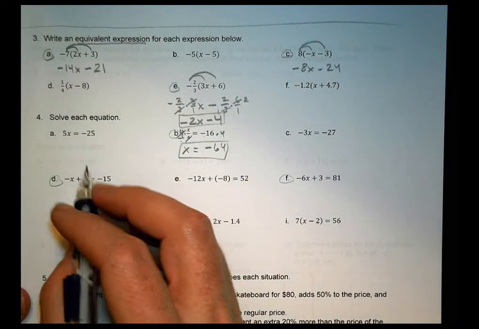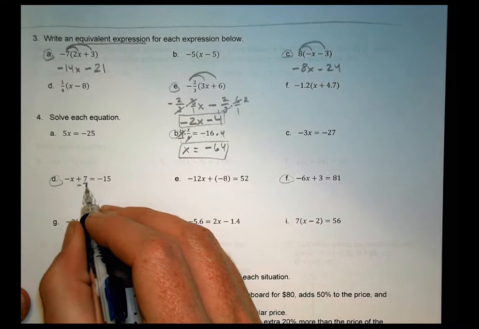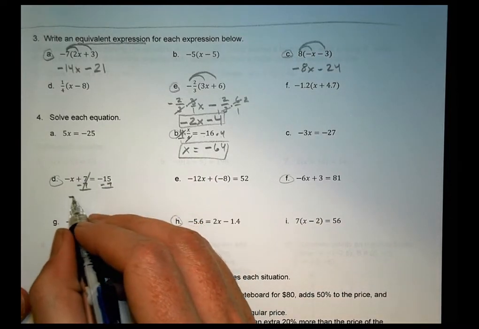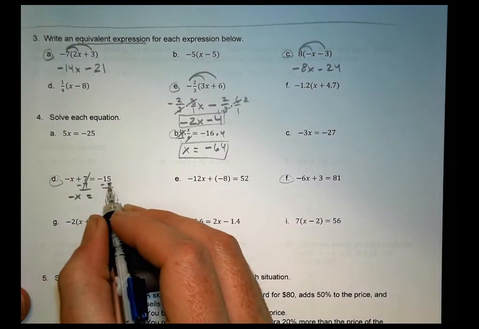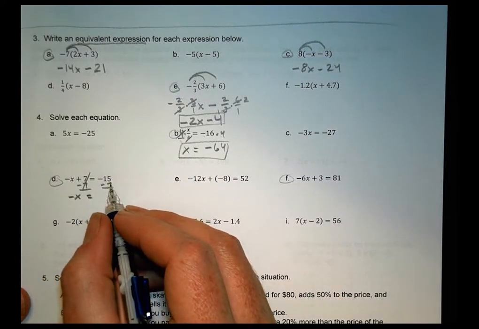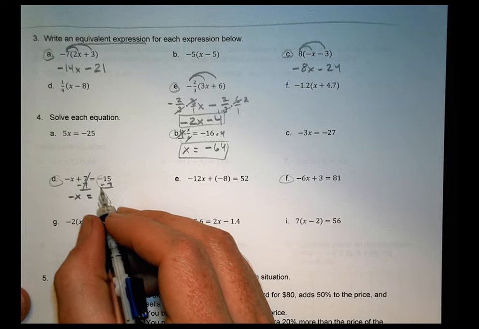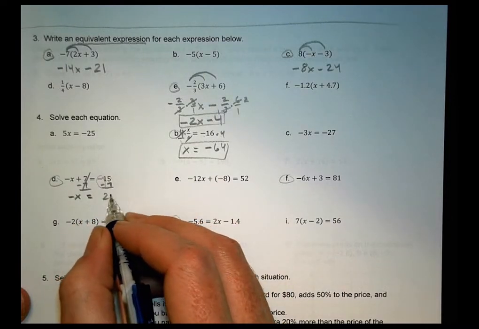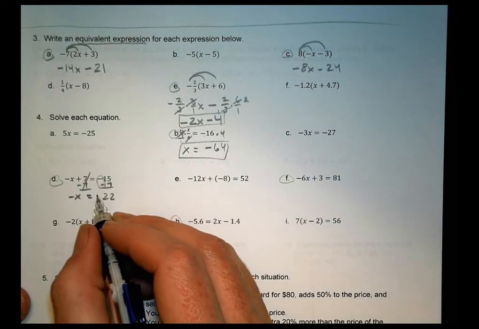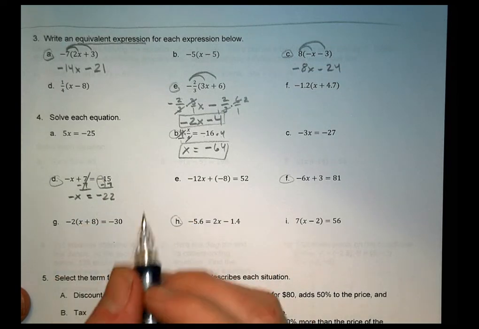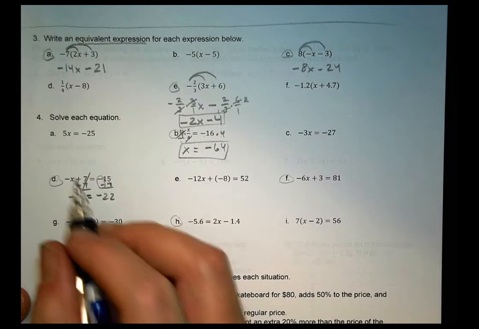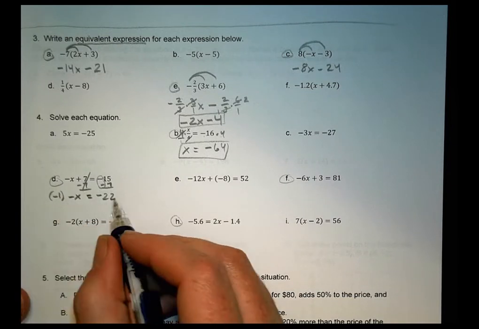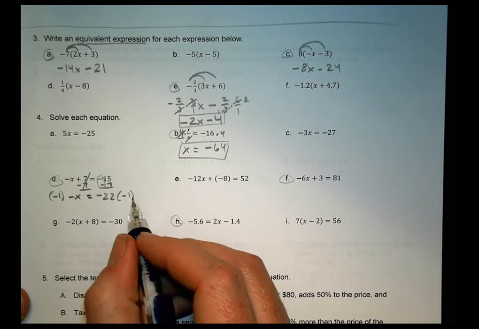Over here, I'm going to go ahead and subtract 7 from both sides, so that goes away. So -x is equal to, I have a -15 and a -7. When the signs are the same, we're going to find the sum. 15 plus 7 is 22, and keep the sign the same, still a negative. For a solution though, I don't want to have a negative variable. So what I think about is I'm going to multiply both sides by a -1.